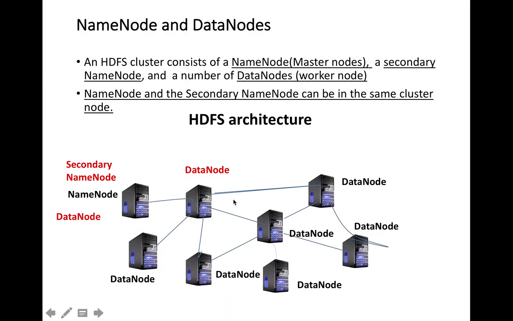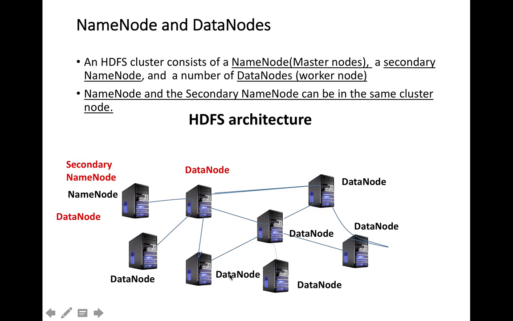All of these data nodes are just slave nodes or work nodes, but this machine can be a master node, and it also works as a slave node, because we can treat it as a data node. It depends how you design the framework.